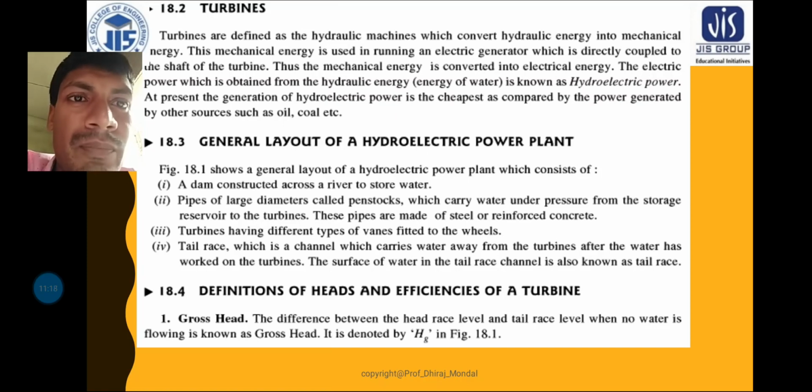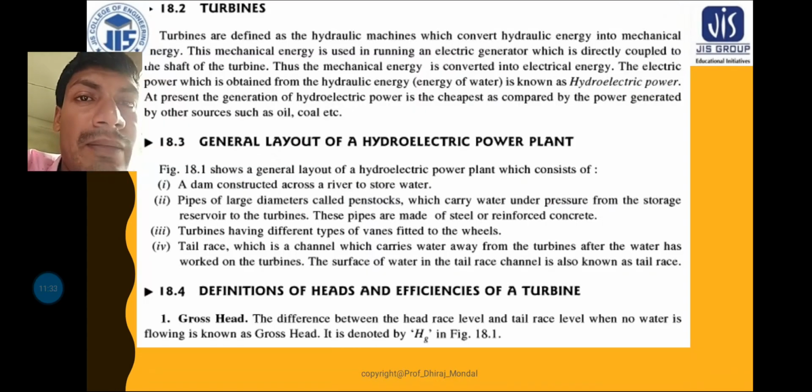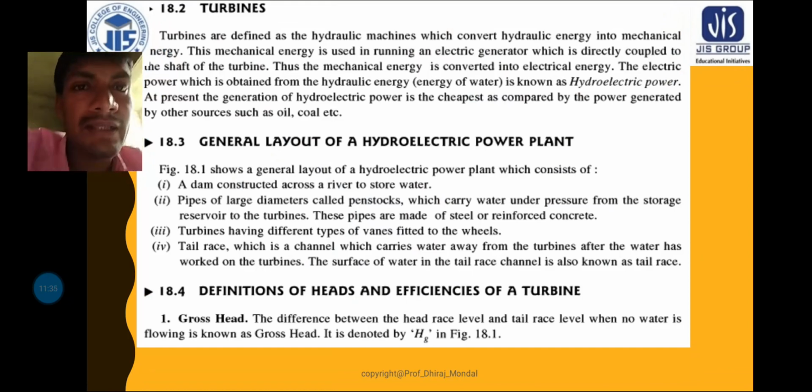The third point says that turbines have different types of vanes fitted to the wheel. So this is the turbine here. This turbine has different types of vanes fitted, and they can be fitted at different angles also, according to our needs.